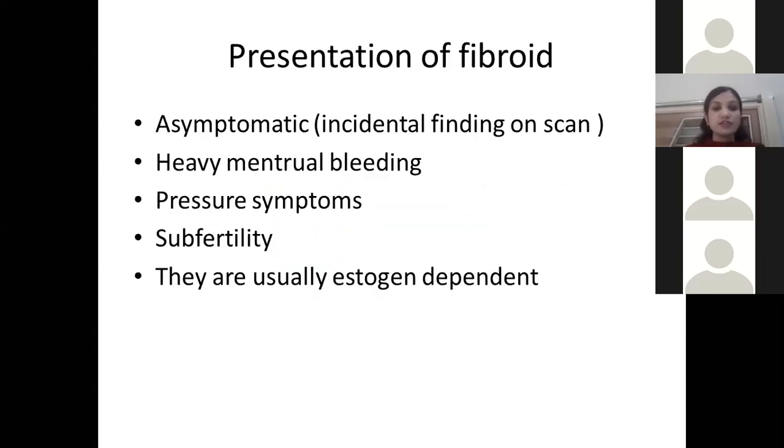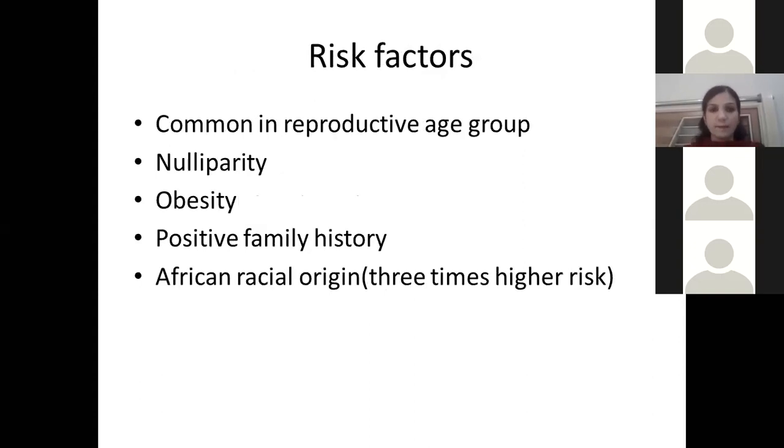Okay, so the fibroids are usually estrogen dependent, right? They have estrogen receptors on them, and in every monthly menstrual cycle, more estrogen and progesterone are produced, so the size of the fibroid increases. Okay, so there are some risk factors of the fibroid. They are common in the reproductive age group, like women of 30, 40, the peak age of developing fibroid.